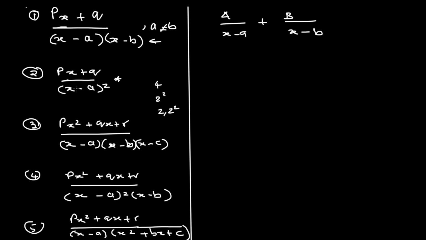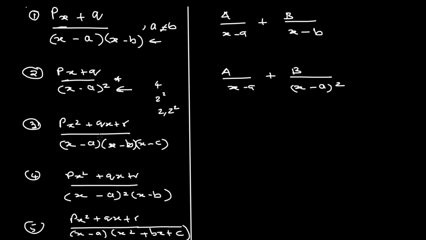So it's the same here. We have these two factors, x minus A and x minus A squared. So those are going to be our main factors. So we are going to say A over x minus A, then I'm going to say B over x minus A, but this time around it will be squared. Notice that difference. So this is how you split when it's squared like that.